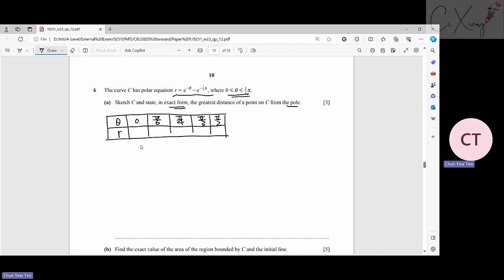If you want a better graph, you can have all 5 of them here. But if you don't want to, you can just use 0, pi over 4 to pi over 2 and that will do. But over here, in order to get a better result, I will have these 5 values.